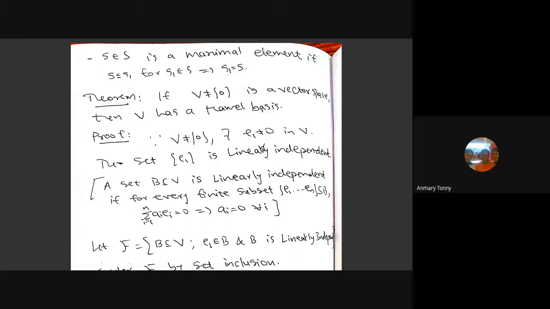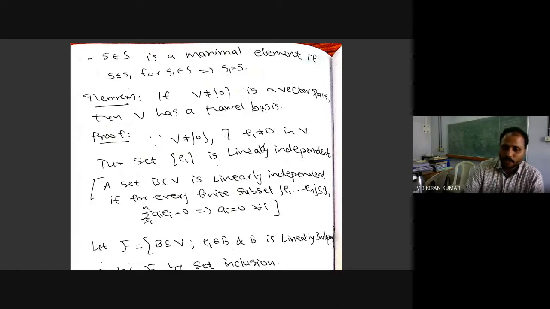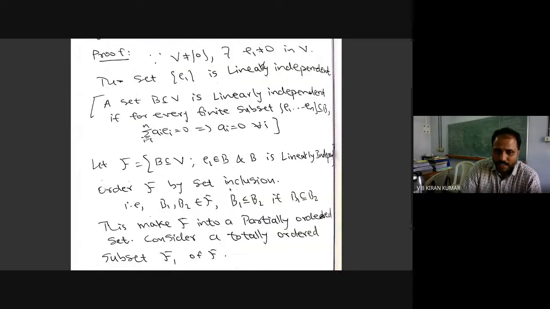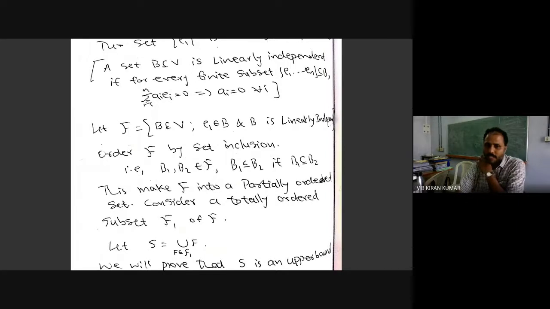Yes. Okay. You know what linear independence is. Now we collect all subsets of V which are linearly independent as well as containing e1. So you collect all linearly independent subsets of V which contain e1.